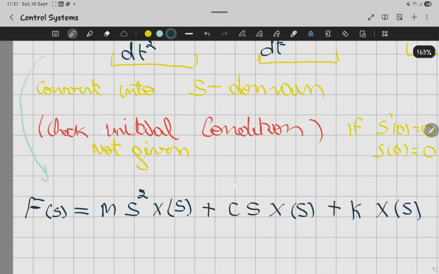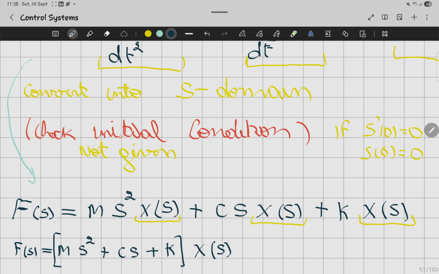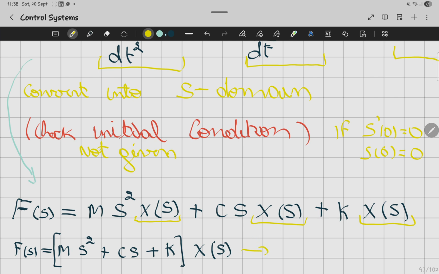Then what you're going to do at this level, you're going to take out this, so you're going to have something like this, equal to (m s squared plus c s plus k) X(s).